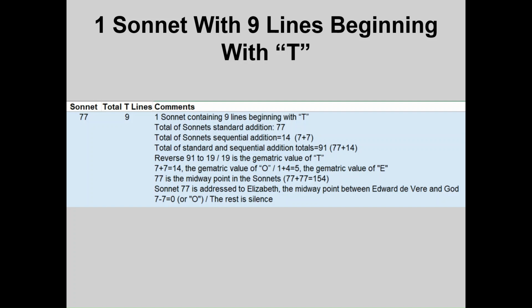Sonnet 77 is the midway point of the sonnets. 77 plus 77 equals 154. 7 plus 7 equals 14, another EO signature. And the standard addition total of 77 plus the sequential addition total of 14 equals 91, which when reversed gives us another 19. And then 7 minus 7 equals 0, or O for Oxford.